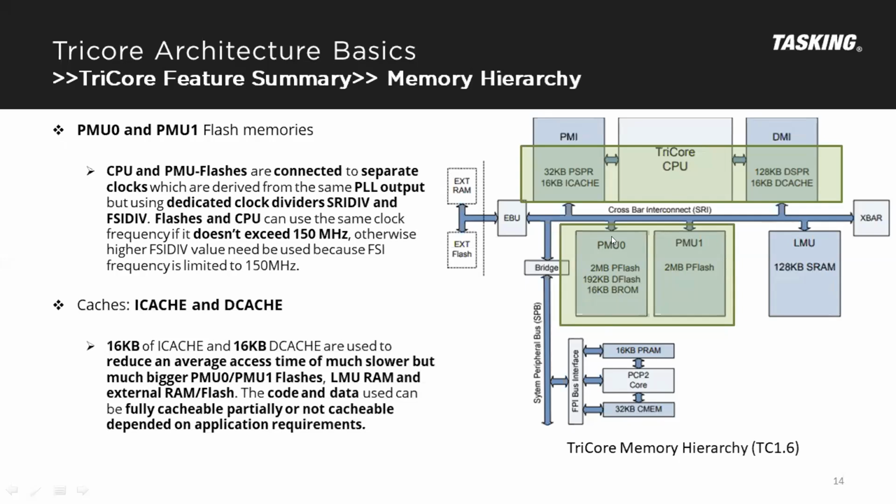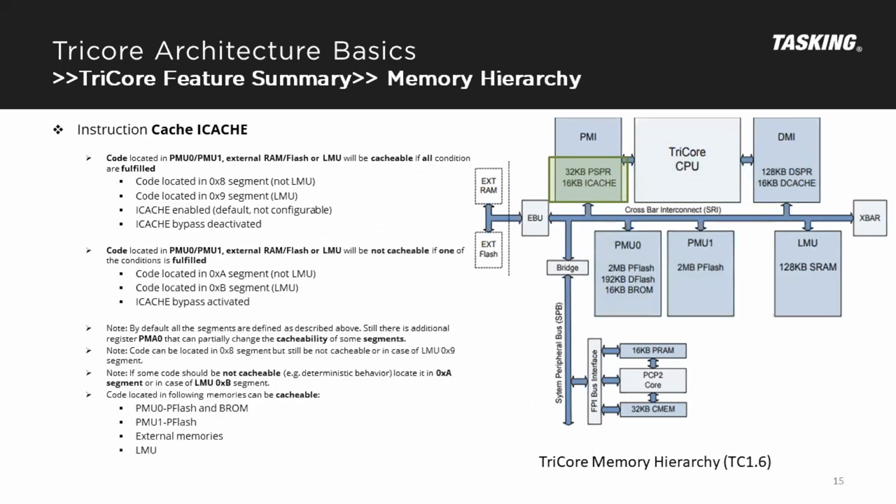So you have the CPU, the instruction cache and the data cache, which is fast access. For deterministic access, you have PSPR and DSPR, and then comes the role of the BMU0 and BMU1 flashes, then the LMU, and then the external flashes. This is the sequence from the fastest memory to the slowest memory.